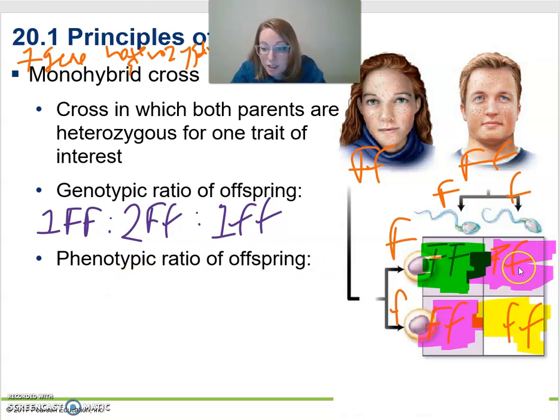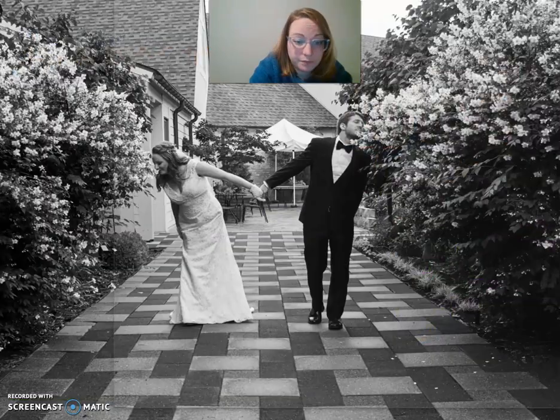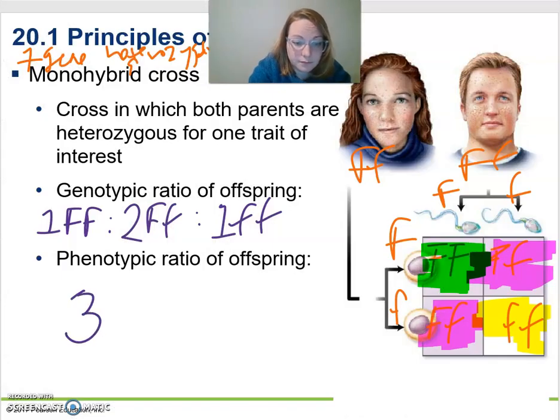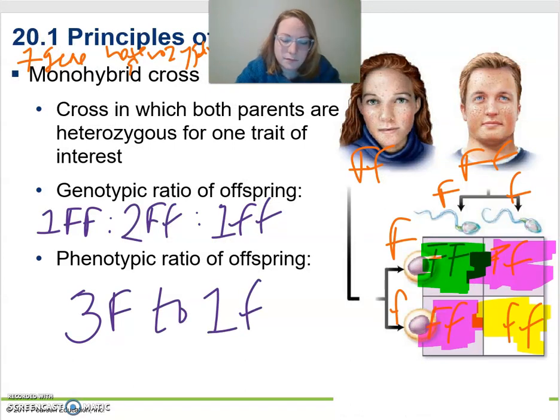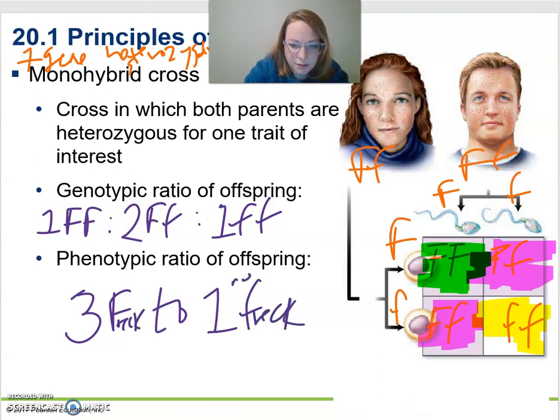The phenotypic ratio, we can't tell by looking at these kids what their genotypes are, but phenotypes, 3 of them have freckles to 1 without. Freckles to no freckles. Does that make sense? Hope so.